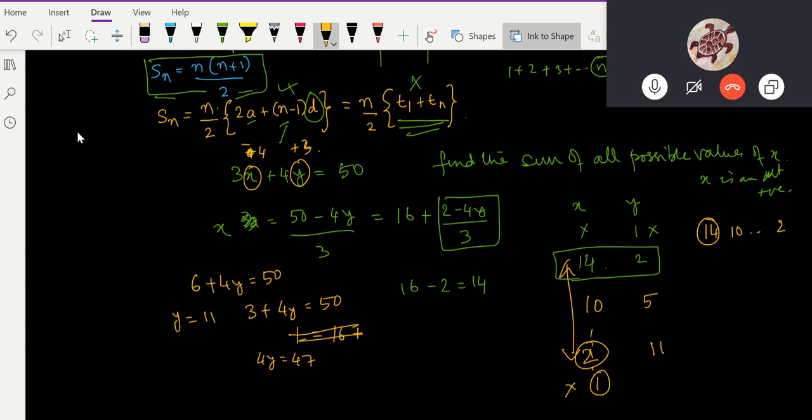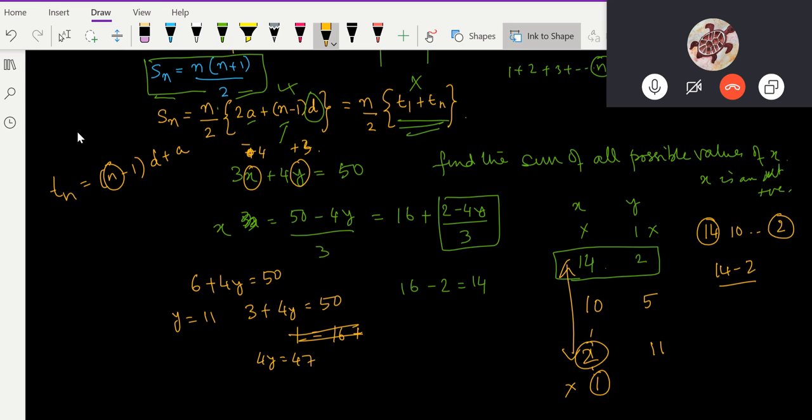So the first is 14, the last is 2. How many terms? 14 minus 2 upon 4. See, this is what I wanted to show you. Tn is equal to n minus 1 into d plus a, and we are trying to find out the value of n.